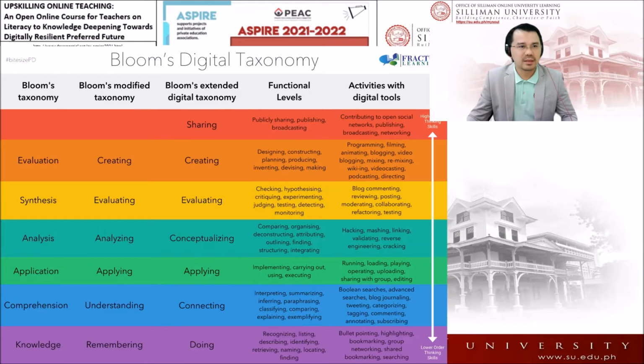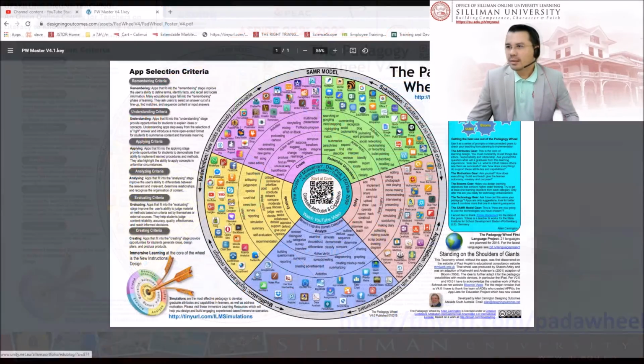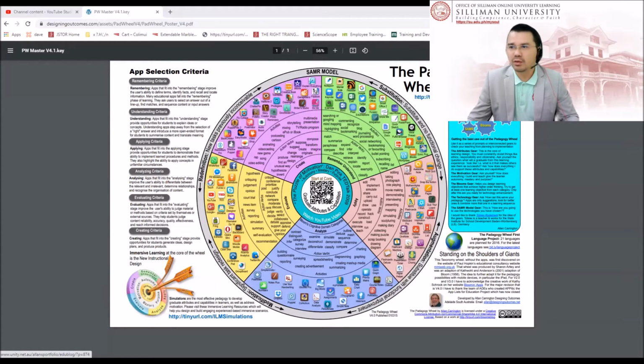In the Bloom's extended digital taxonomy, the functional levels and activities with digital tools are provided. Just like this framework, the pedagogy wheel in version 4, actually there is already a new version, but this is basically similar.